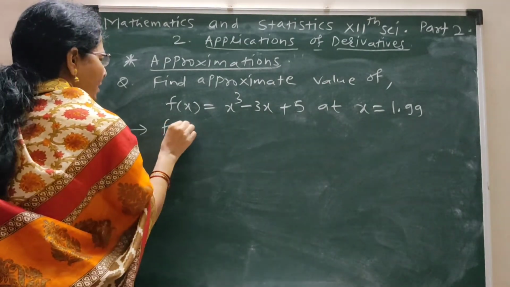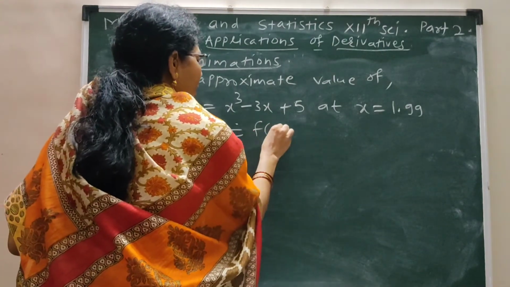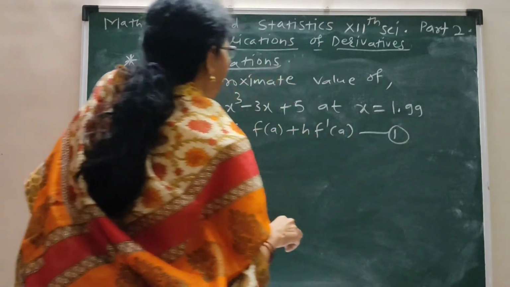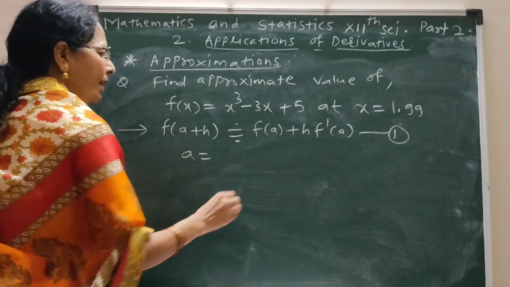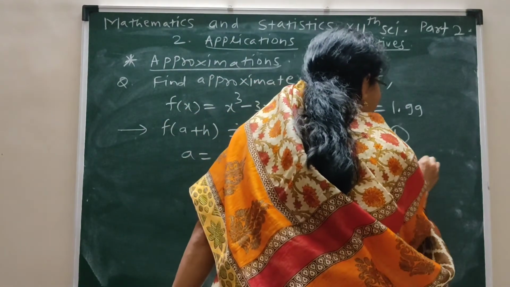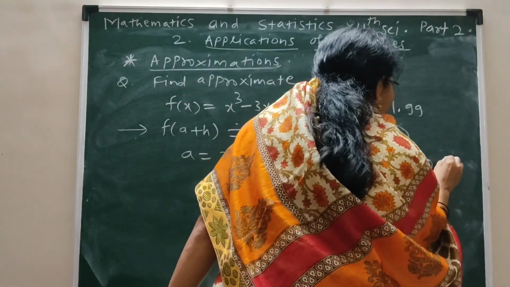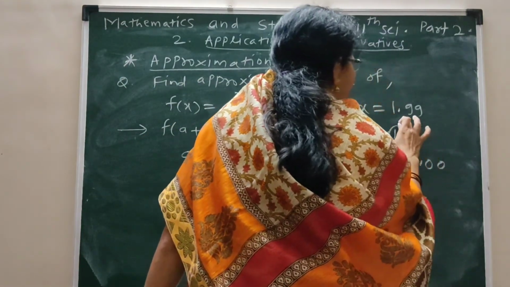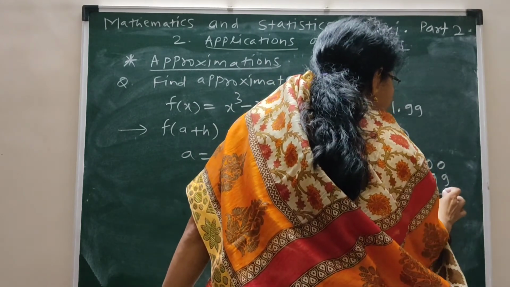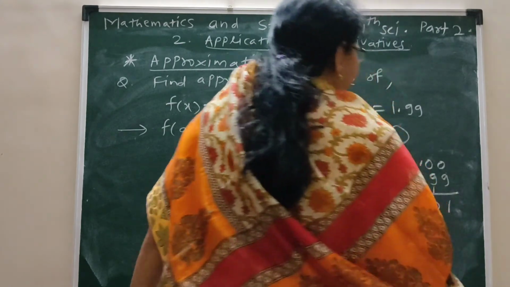Write the formula: f of a plus h nearly equal to f of a plus h f dash of a, equation 1. We have to take a and h. If we take a as 2, the difference is minus 0.01.